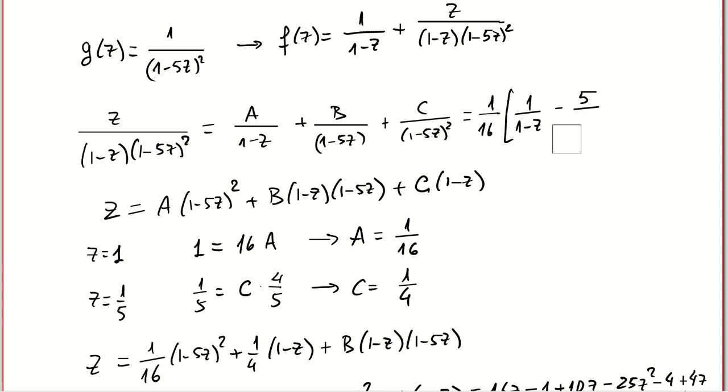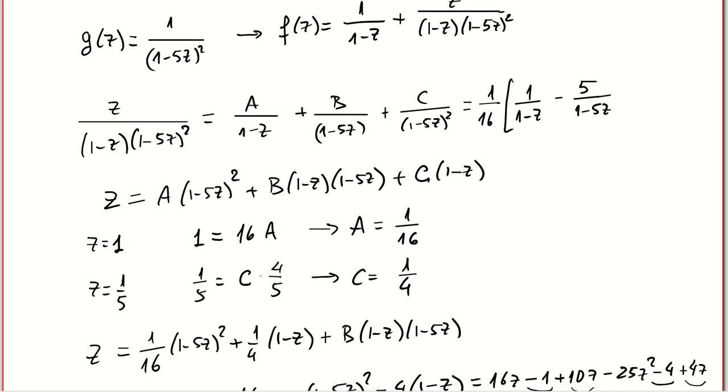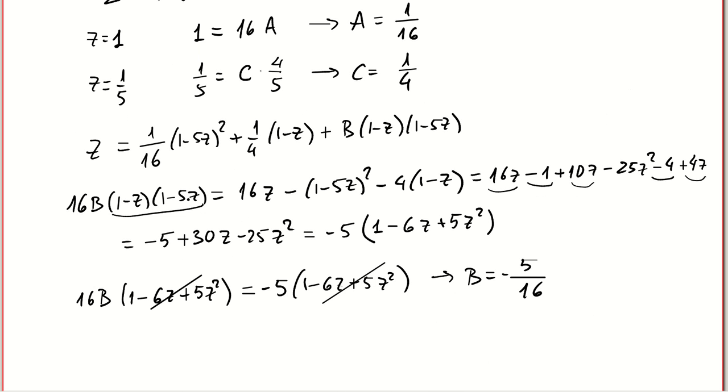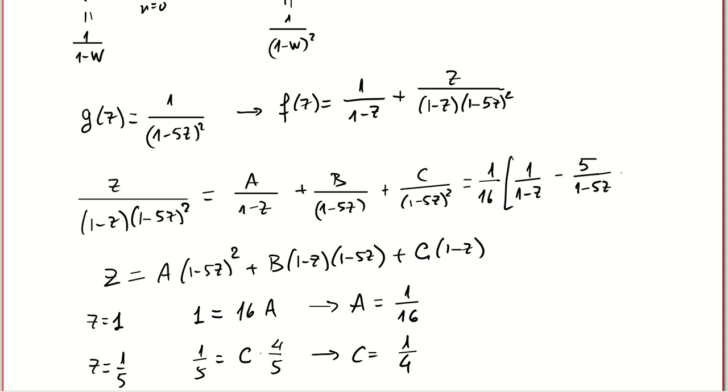Well, I can get rid of the bracket, it's not necessary. So 1 minus 5z. And finally, c is 1 over 4, which is 4 over 16, right? So it's plus 4 over 1 minus 5z squared. Okay? Right, this is this fraction here.